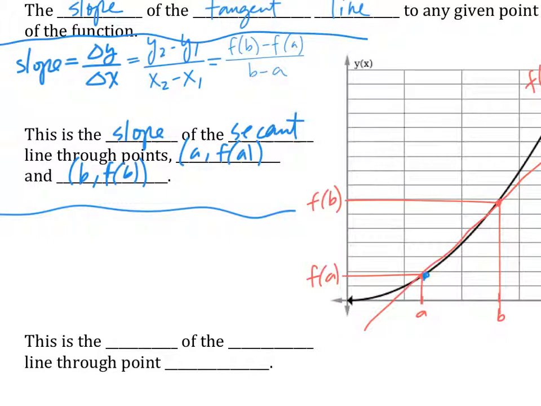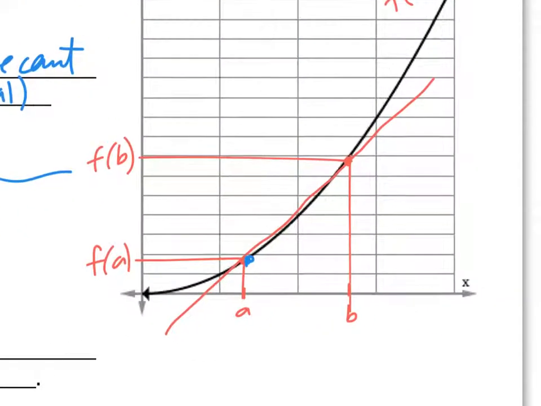Draw the tangent line that only goes through A. So tangent line only goes through 1 point. Something like this, right? Okay, let me ask you another question. What's the slope of that line?